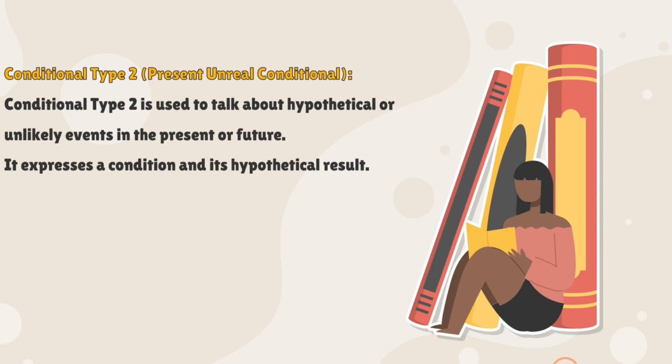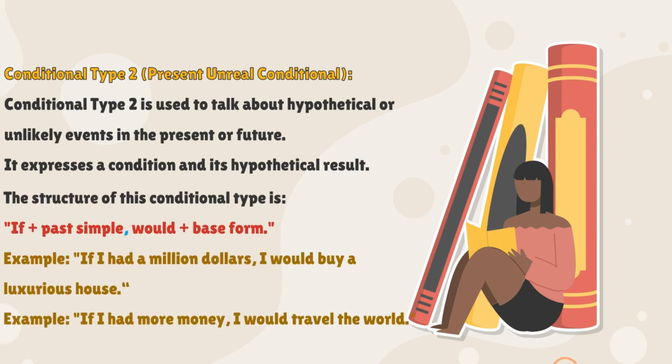Okay, let's go back to conditional type 2. Conditional type 2 expresses a condition and its hypothetical result. The structure of this conditional type is if plus past simple, comma, would plus the base form of the verb.